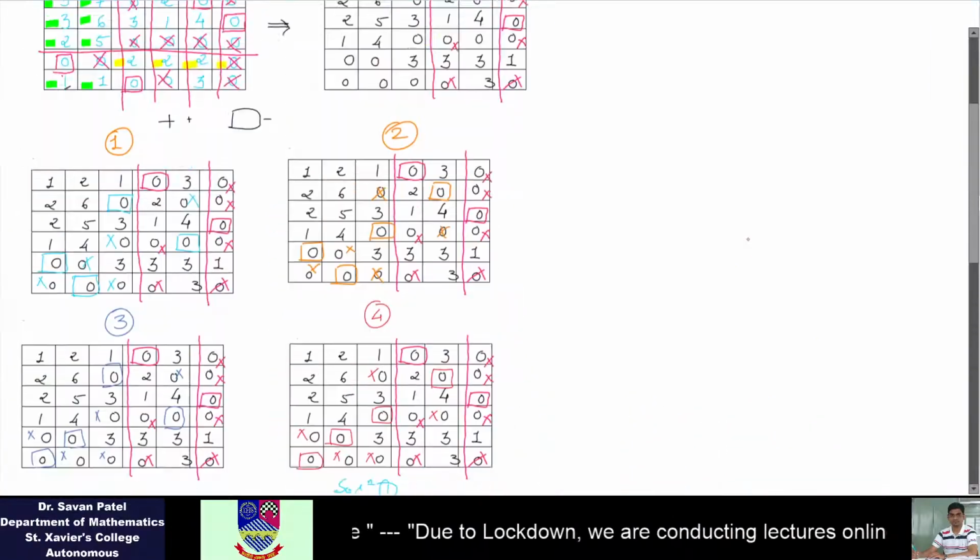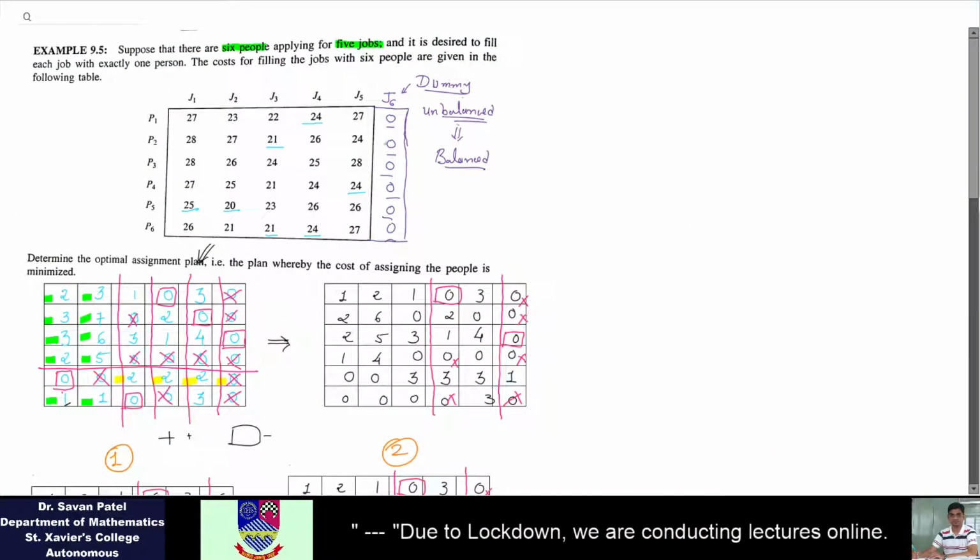And what we have seen is that whenever the problem is unbalanced, add a dummy row or column so that the number of columns and the number of rows become the same. And then if you have added a column, there is no need to select the minimum from each row and subtract. You only have to perform the operation for columns and then start solving by selecting zeros.